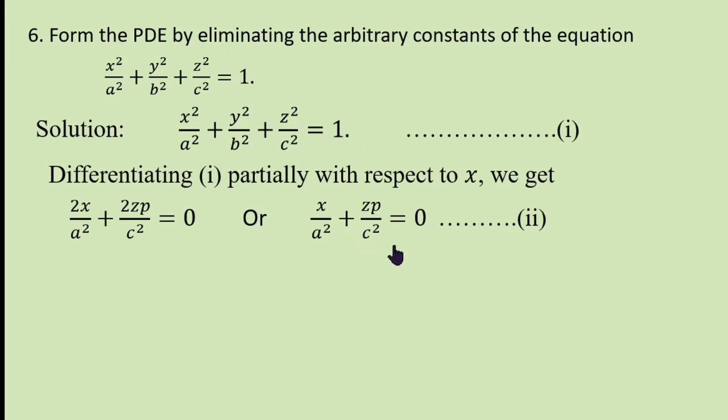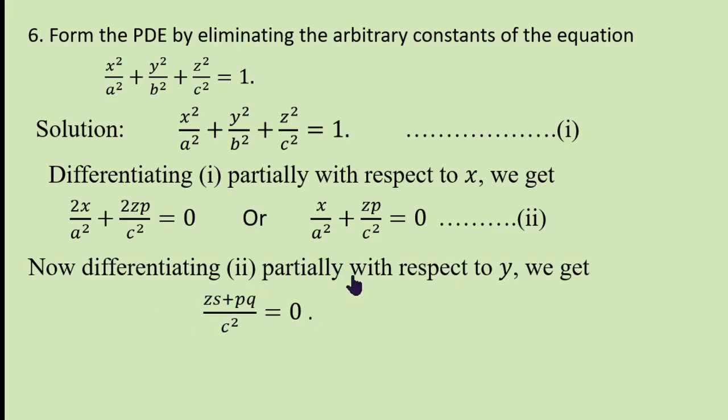Therefore z into s plus p into the derivative of z with respect to y, which is q, divided by c² equal to 0. When you differentiate partially with respect to y, 0 + (zs + pq)/c² = 0.